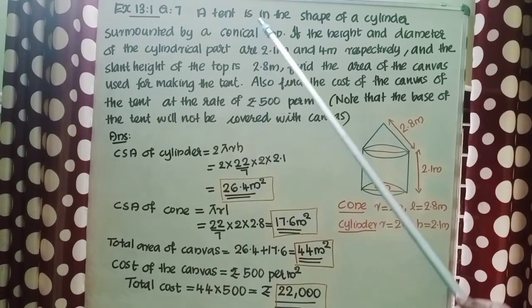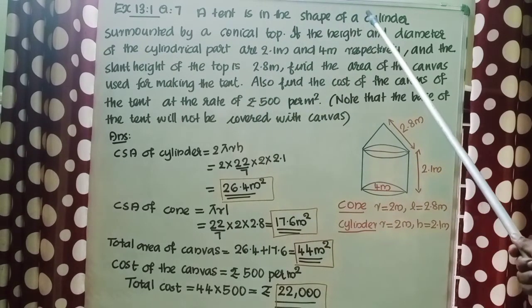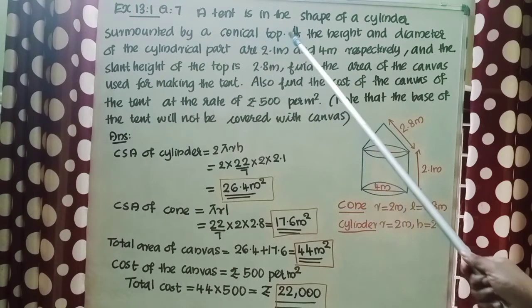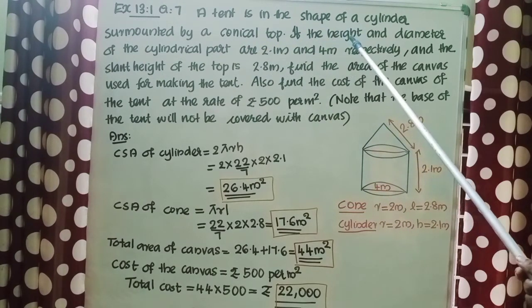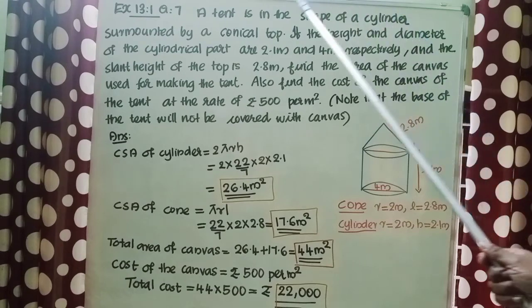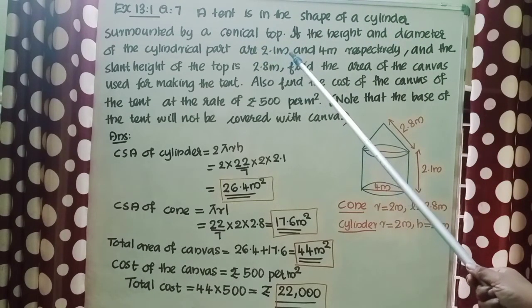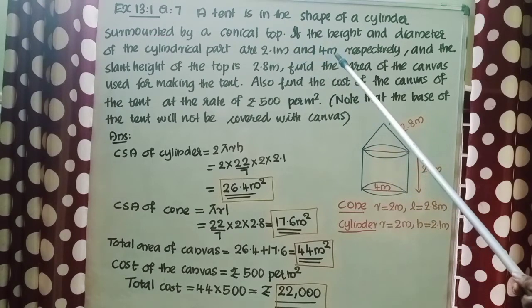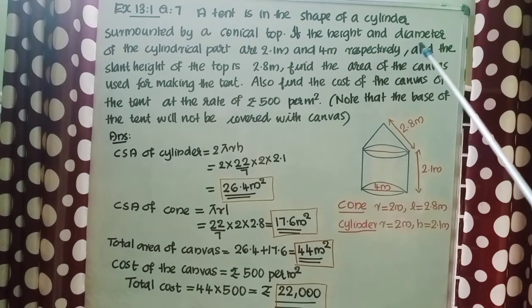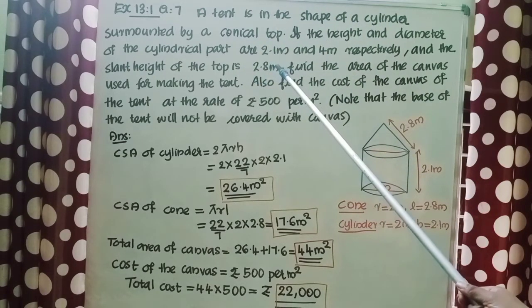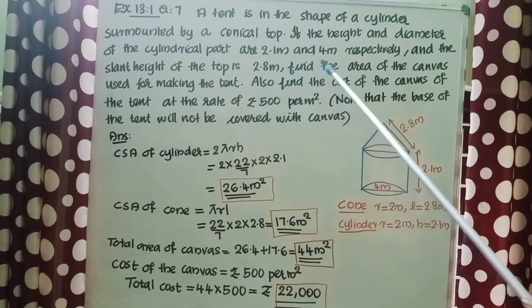A tent is in the shape of a cylinder surmounted by a conical top. If the height and the diameter of the cylindrical part are 2.1 meter and 4 meter respectively, and the slant height of the top is 2.8 meter.